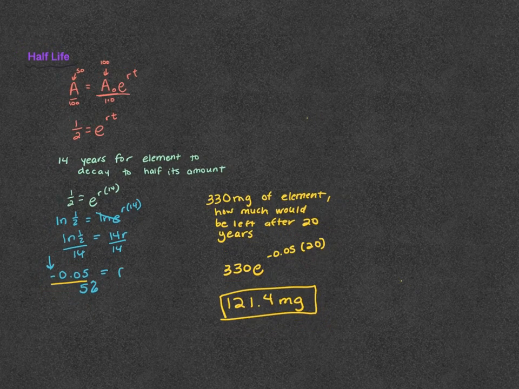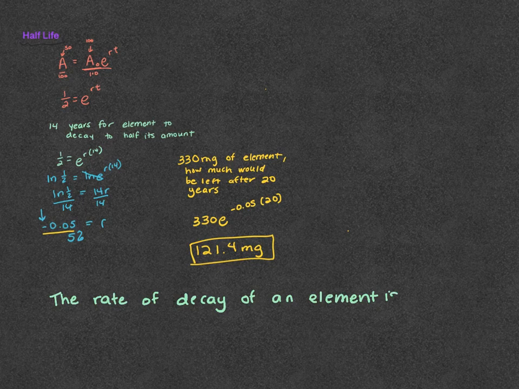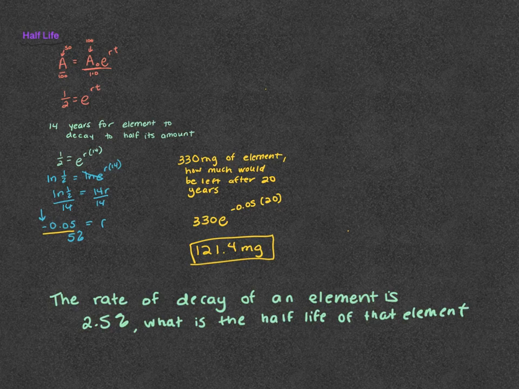Another way you can see half-life is if it gives you the rate. So let's say, again, it asks what is the half-life of that element? So now we're looking for t.